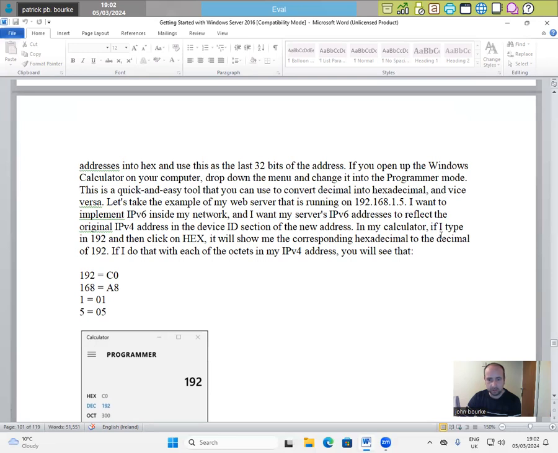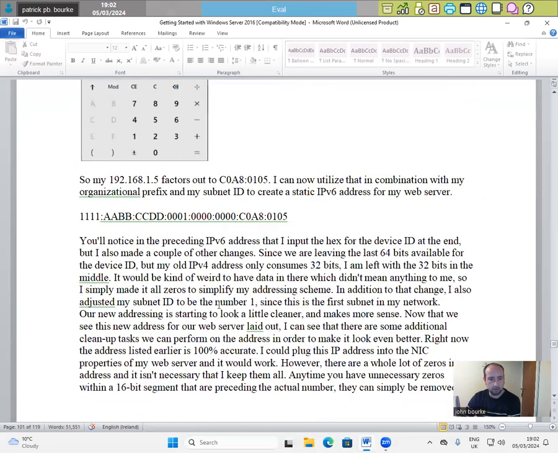In my calculator, if I type in 192 and then click on hex, it will show me the corresponding hexadecimal to the decimal of 192. If I do that with each of the octets in my IPv4 address, you will see that 192 equals C0, 168 equals A8, 1 equals 01, 5 equals 05.